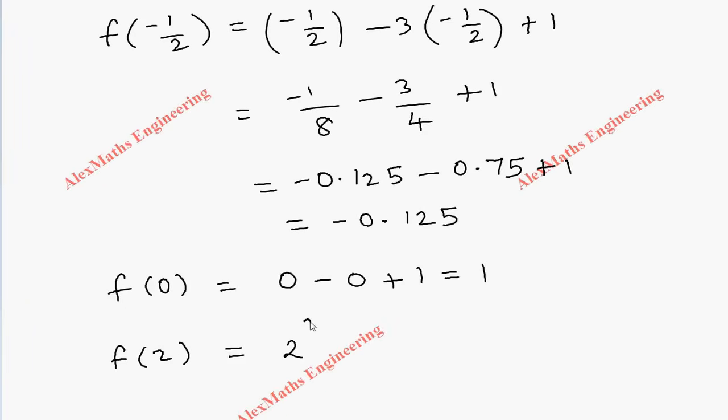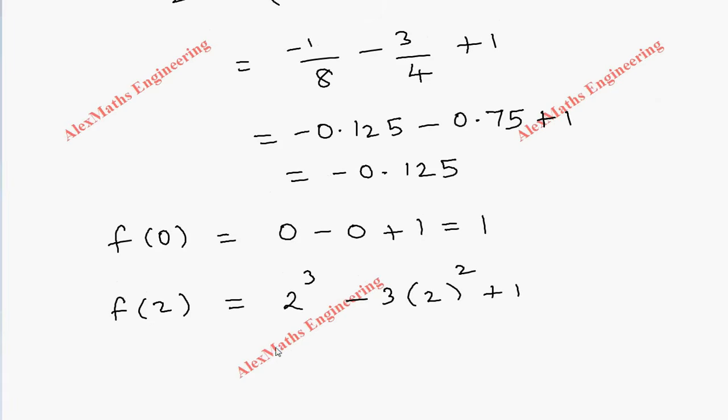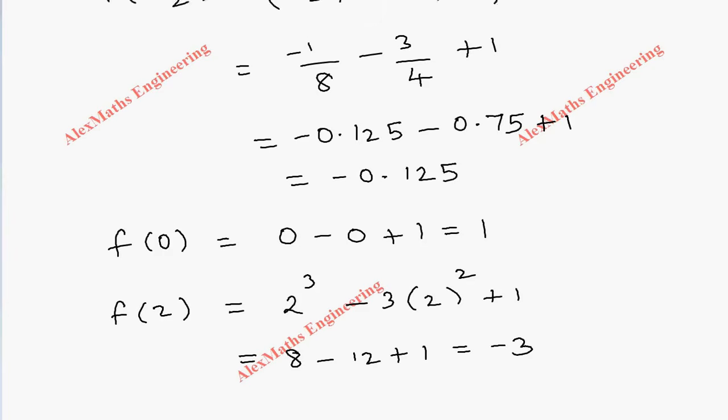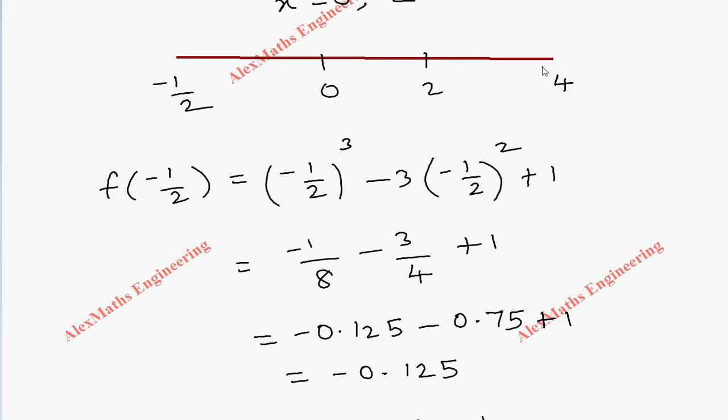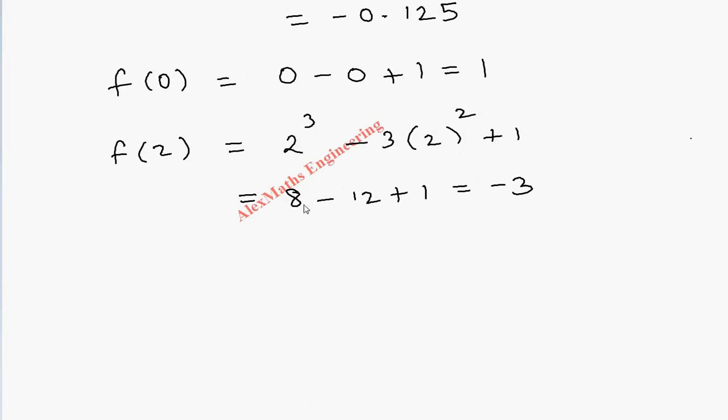So 2 cube minus 3 into 2 square plus 1. After simplification, we get this is 8 and this is 4 into 3 minus 12, then plus 1. Finally, we get minus 3. Then from the number line, we see we have to calculate for 4, f of 4.